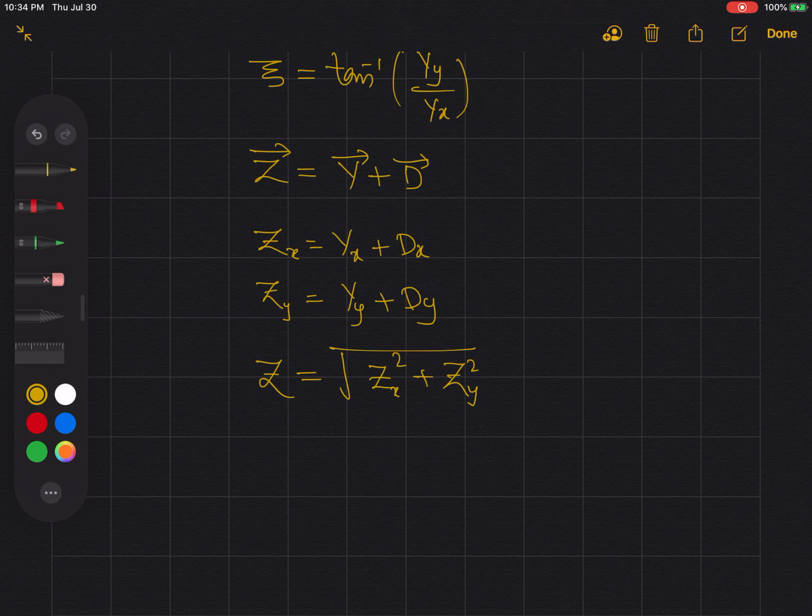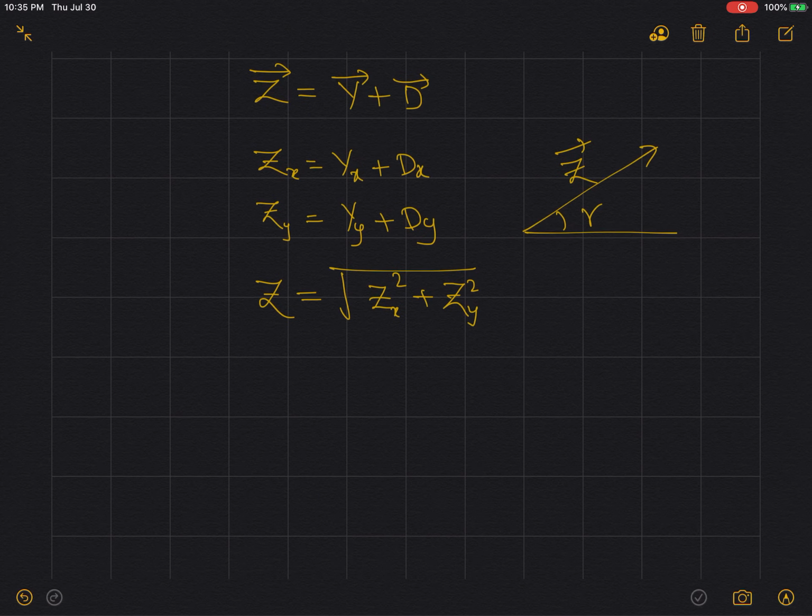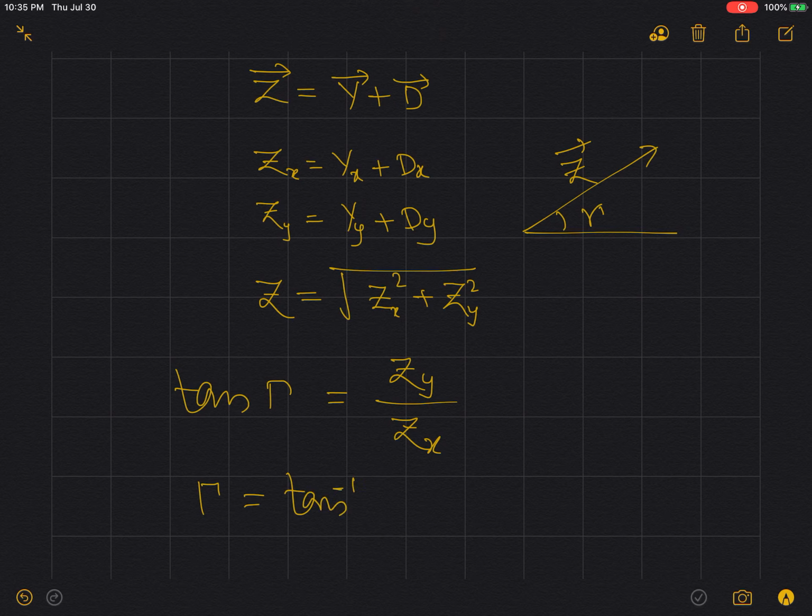Suppose this vector z makes angle gamma. Let me write gamma like this. So similarly, tan gamma can be written as the y component of vector z divided by the x component, and you need to calculate this angle. This is tan inverse of the y component divided by the x component.